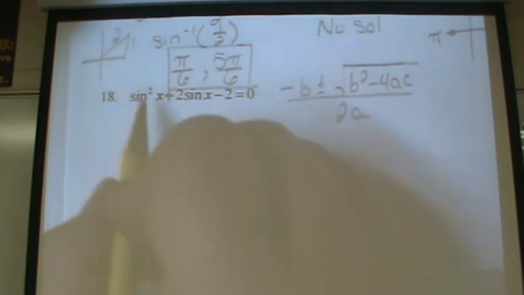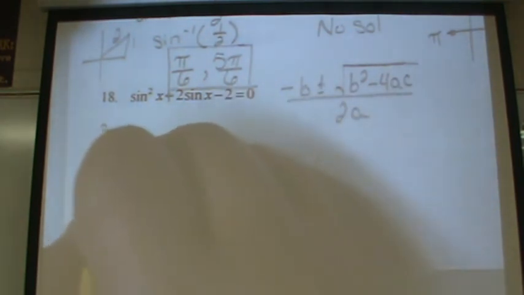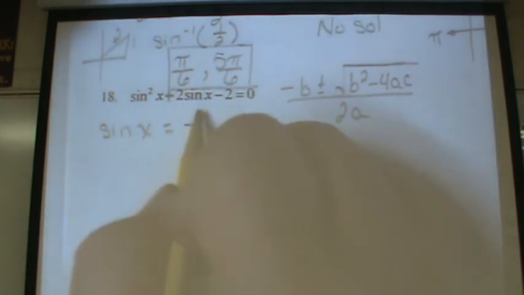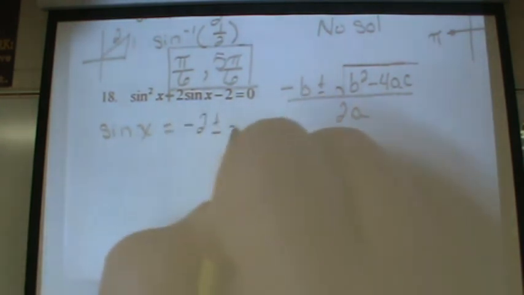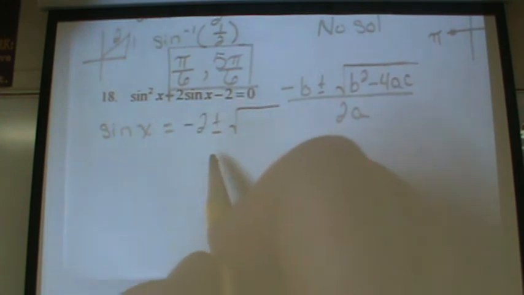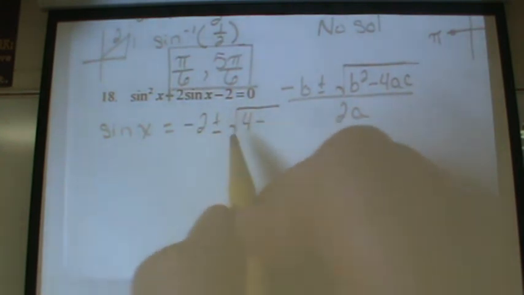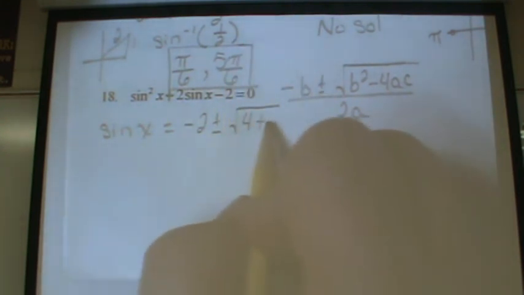So we're going to find that sine x equals negative 2 plus or minus the square root of 4, because we have 2 squared minus 4 times negative 2, so it's actually going to be plus 8.